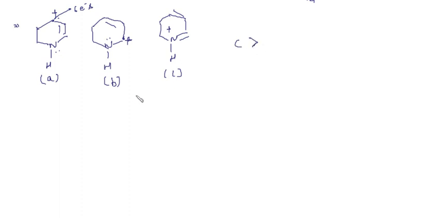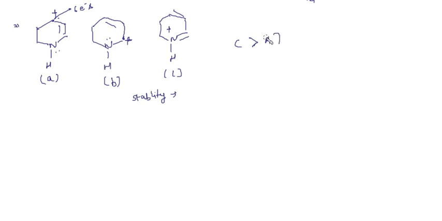We have to check the stability. So C is most stable. Then if we come to A and B, A structure has continuous resonance. Okay, A structure has extended conjugation.